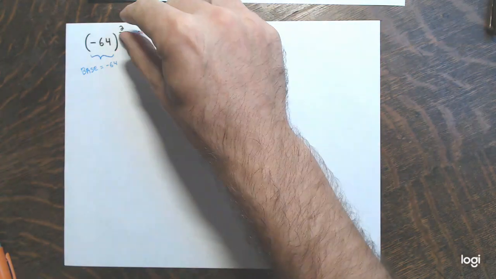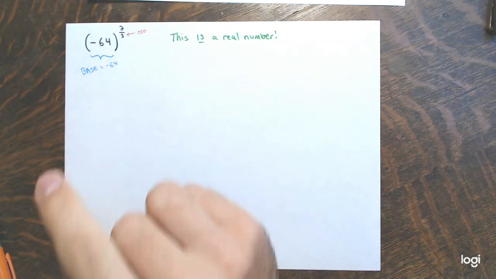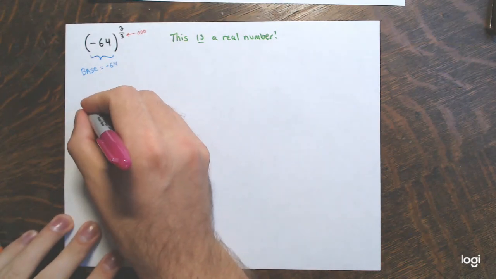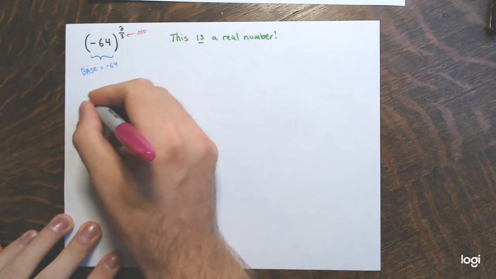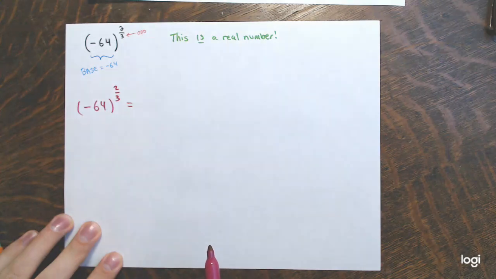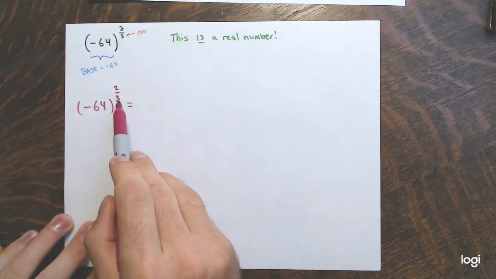Now if that were 3/2, then it wouldn't be real, because I'd be taking the even root of a negative base, a negative radicand. Okay, so I'll set this up the way I've been doing. We have -64 to the 2/3 power, and I'm going to write this with a radical. I like to work with the denominator first, as you've seen.